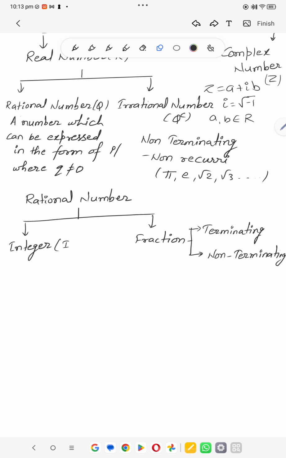If we divide it, then it will be in three parts: negative integer, zero, positive integer. It is denoted as I minus, and I plus.